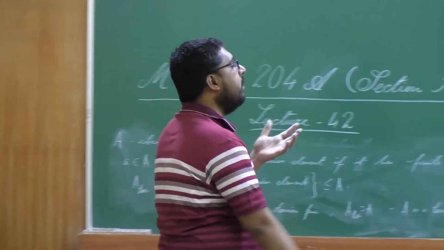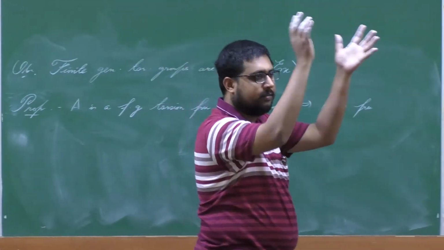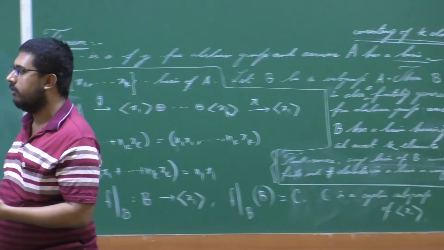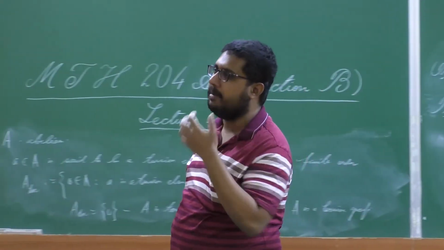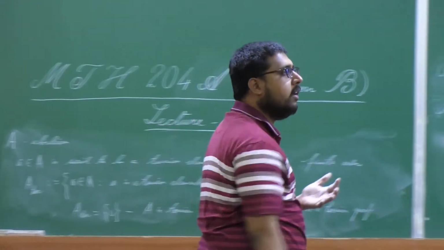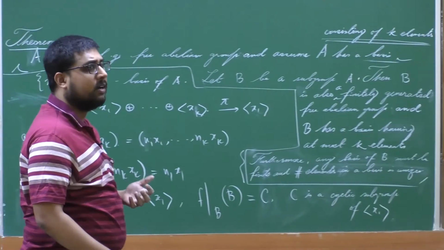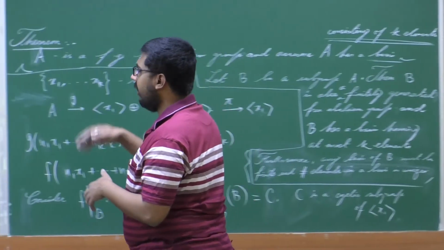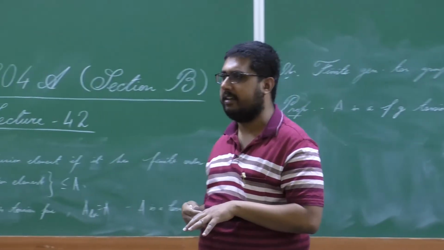Now the confusion might arise that earlier we used the word finitely generated for general groups, but in the last two lectures we have only used the word finitely generated for free abelian groups. So of course it requires us to convince ourselves that for free abelian groups these two conditions are the same, that is having a finite basis and having a finite generating set.